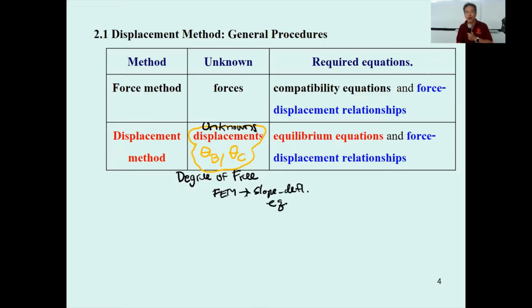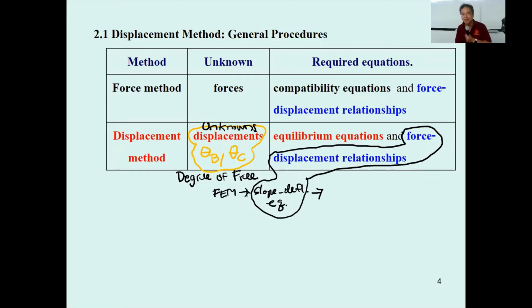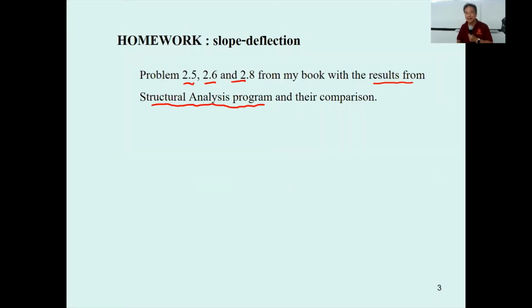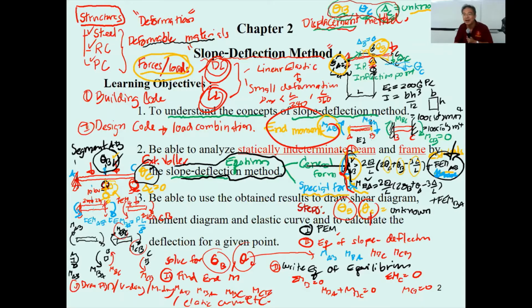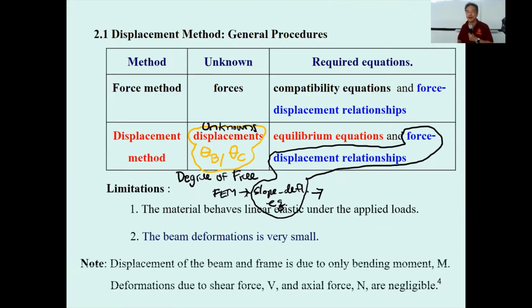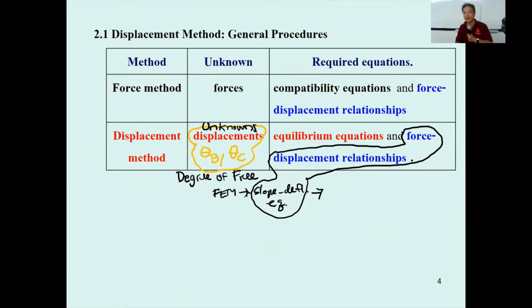Okay, if you remember, the slope deflection equation is a kind of force-displacement relationship. The equation that I just gave you, if you think about it deeply, these two equations are a kind of moment and slope, a force-displacement relationship.